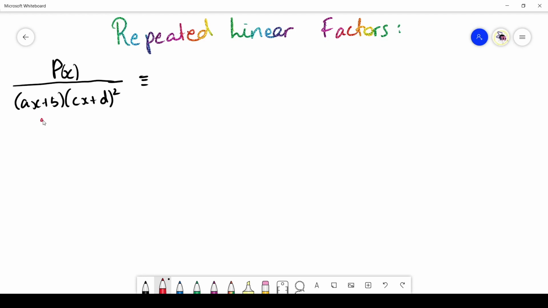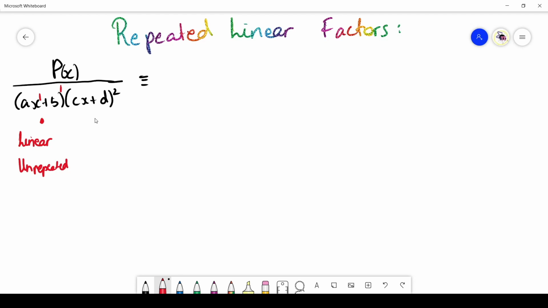That first factor there definitely is linear, because if you look within the bracket, the power of x present is no greater than 1. And outside of that bracket, the power present is also 1. So it's linear, and it happens to be unrepeated.